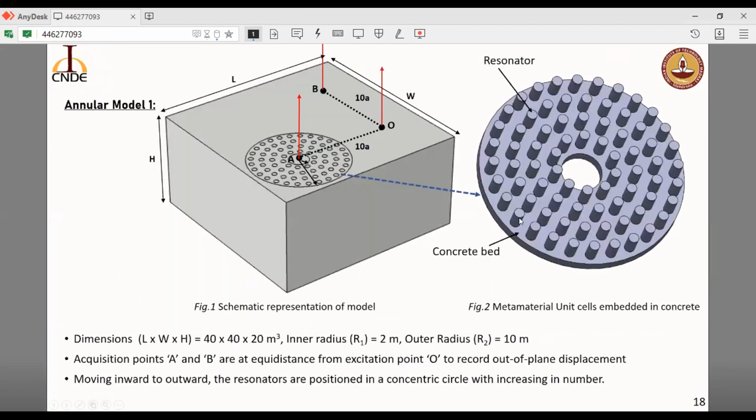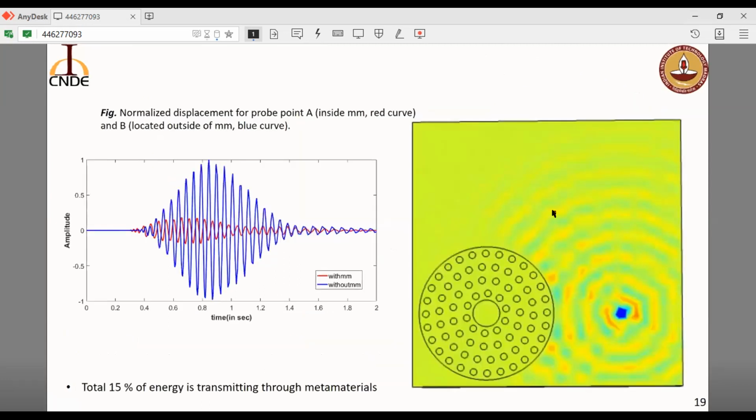So this is the concrete bed where the resonator is embedded inside, and the remaining gaps are filled with autoclaved concrete. So this is our probe plot.